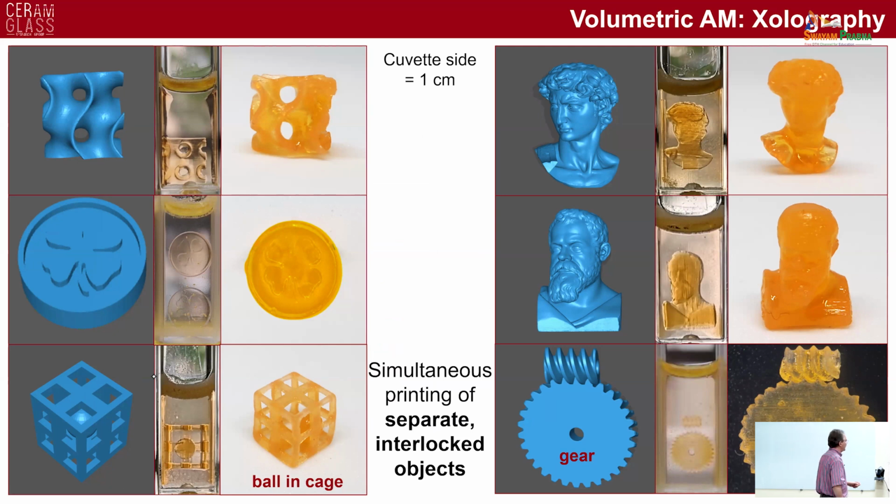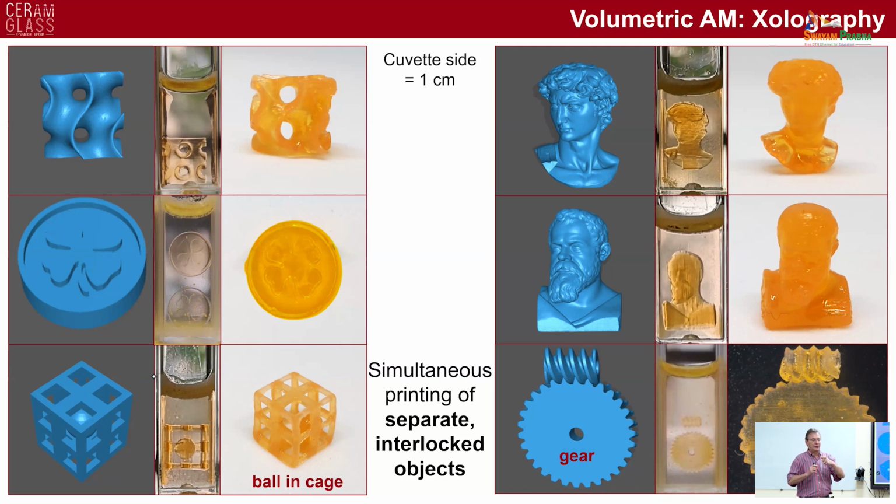The cuvette is 1 centimeter in width, and this is a square one. The UV light comes from the side, and that cuvette has a square cross section and is placed like this in the printer.